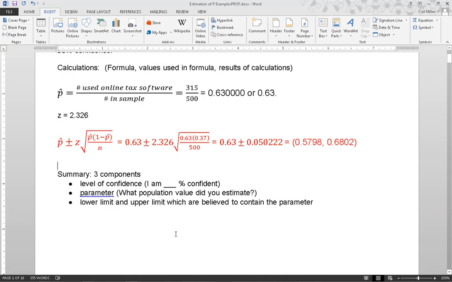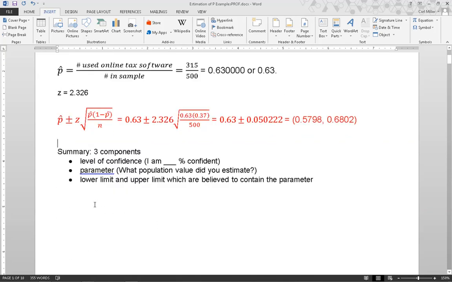Next, I want to summarize my findings. Now remember, this will contain 3 major components: the level of confidence I'm using, what it was I was trying to estimate, and the lower limit and upper limit that I believe contain that parameter value.